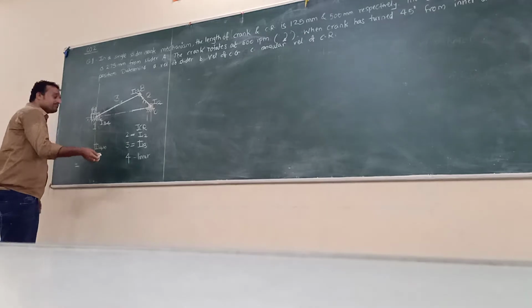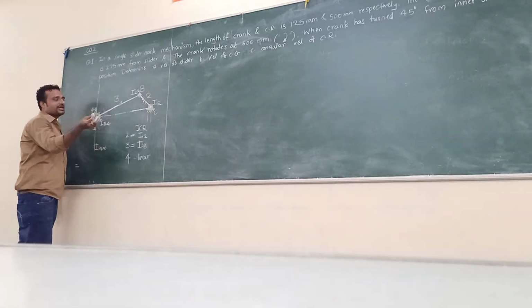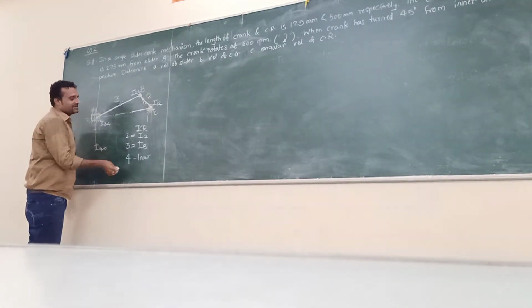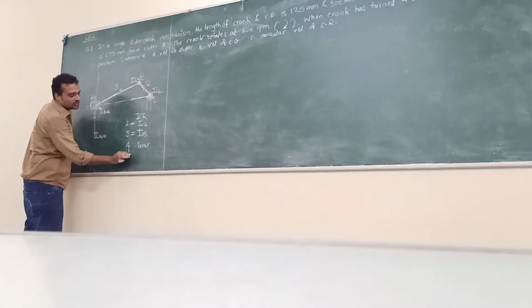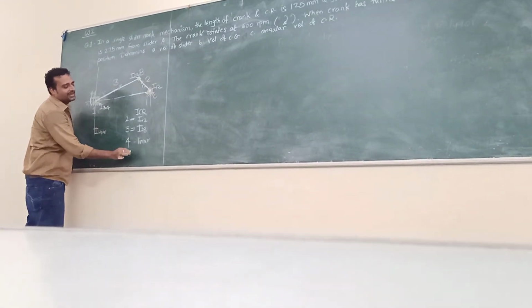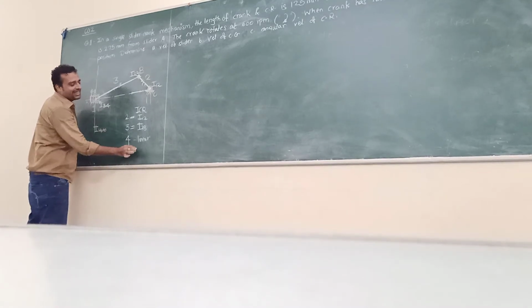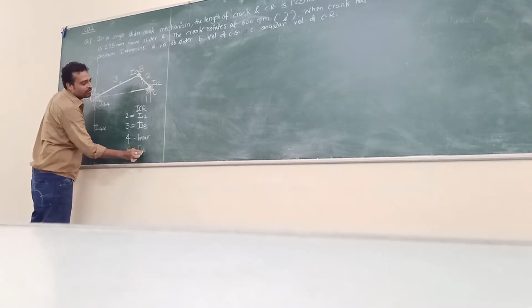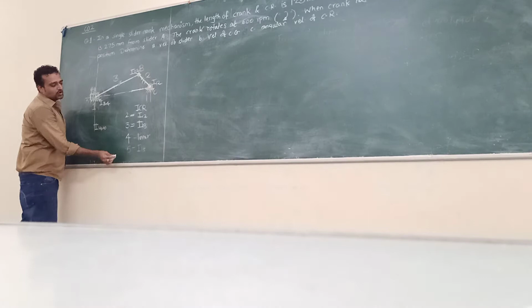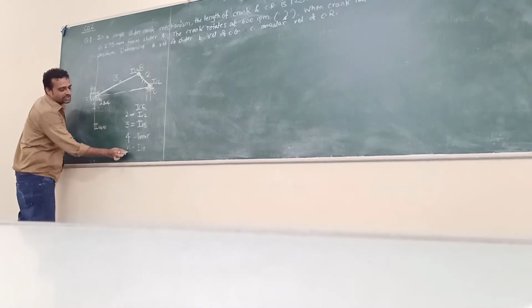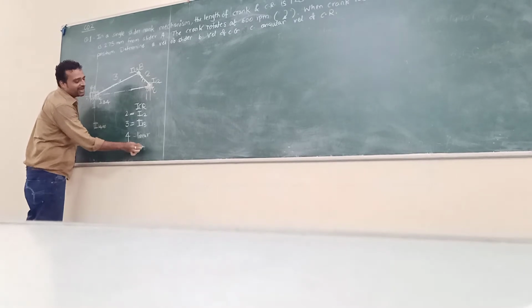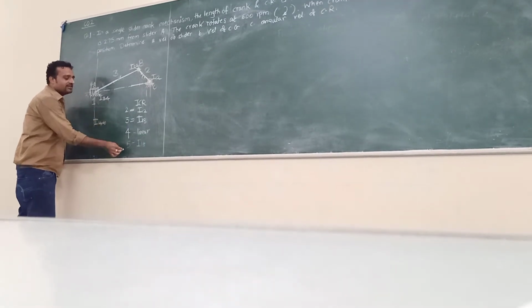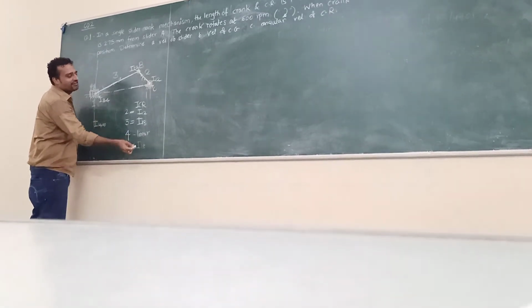Similarly, if you have a 6-link mechanism or 8-link mechanism, you will go on deciding the ICR. If I have one more link here, the ICR for that link will be I15. To analyze the velocity of any point on link number 5, I must find I15. Similarly, if I have link number 6, I find I16.